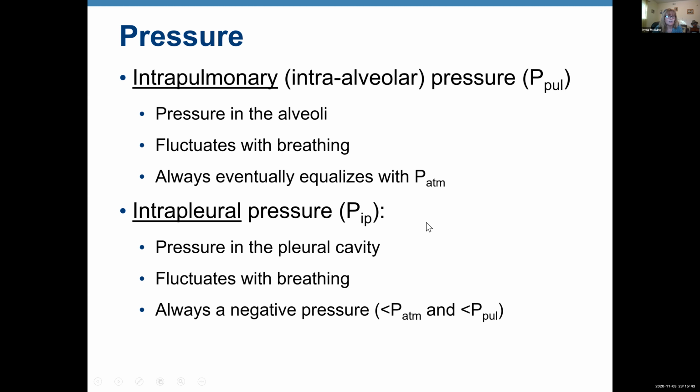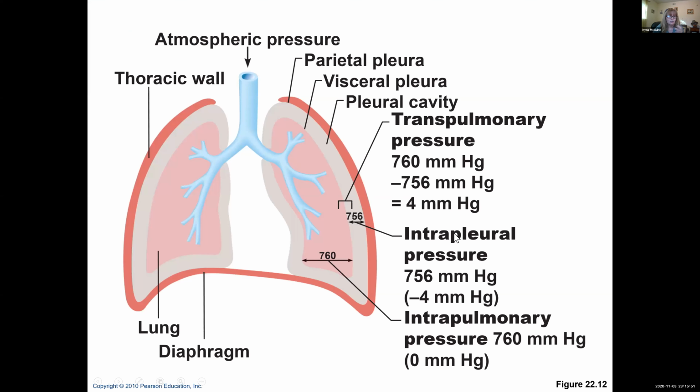If intrapleural pressure is negative, it means it's less than pulmonary and atmospheric. Okay, over here you can see a diagram of the lungs. We have this airway: trachea, primary bronchi, and all these bronchioles.